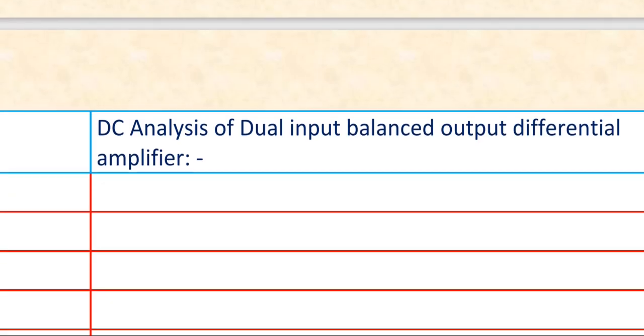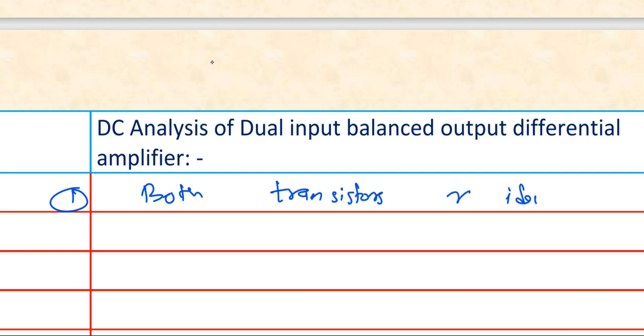Now, whenever you are performing the DC analysis, we will make the first assumption that both the transistors are identical. So as we have assumed that both transistors are identical, if we find the collector current of one transistor, the same will be the collector current of the second transistor, and if we find the collector to emitter voltage for one transistor, the same is the collector to emitter voltage for the other transistor.